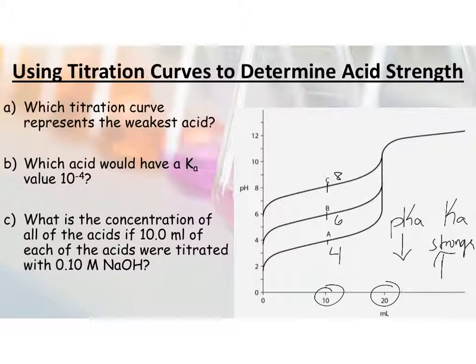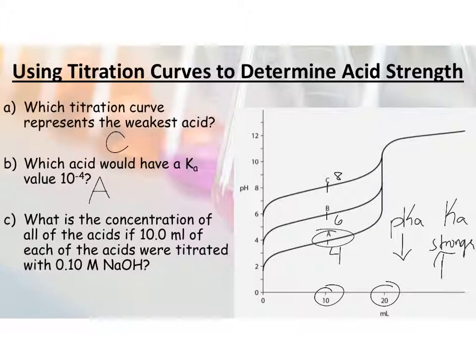So the weakest acid on here is definitely going to be acid C. Okay, which acid would have a Ka of 10 to the negative 4th? Okay, so if you negative log 10 to the negative 4th, you would get 4. So basically it wants to know which acid has a pKa of 4, and that would clearly be acid A.